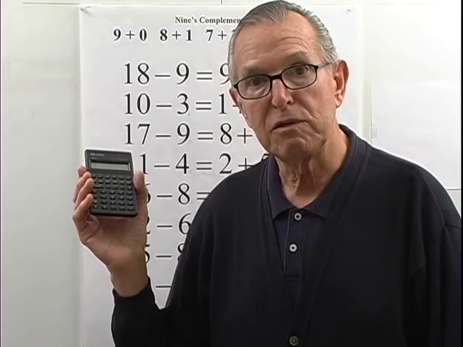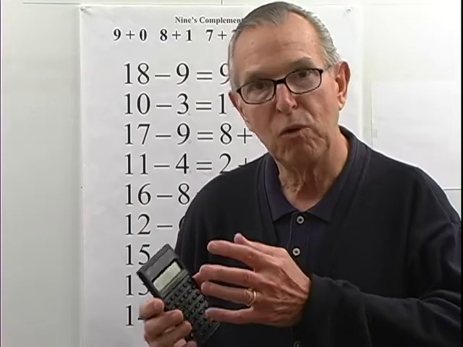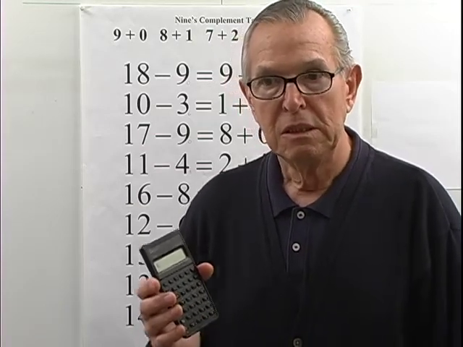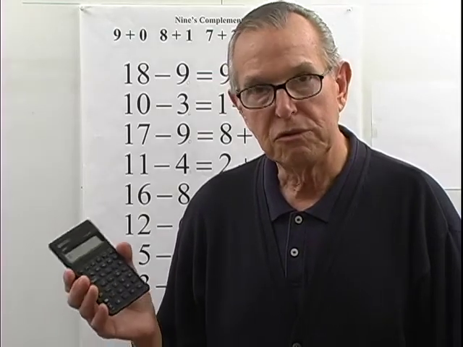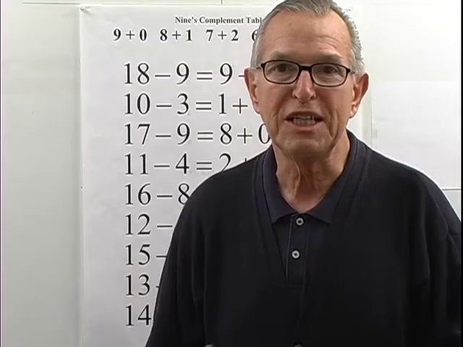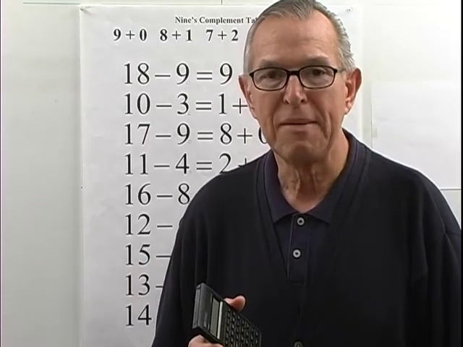So where did this algorithm come from? It's a carbon copy of the way computers do subtraction. Computers use 2's complement arithmetic. We're using 9's complement arithmetic, but the procedure is exactly the same.